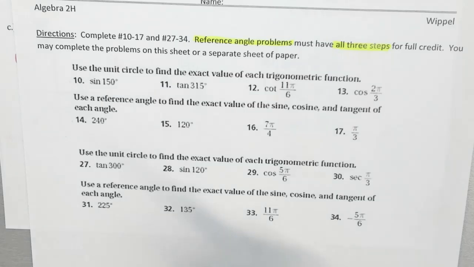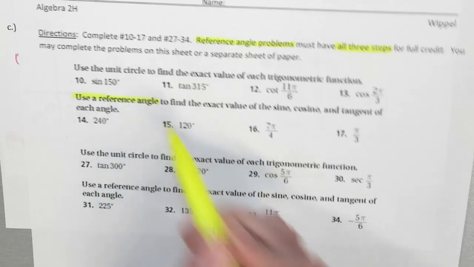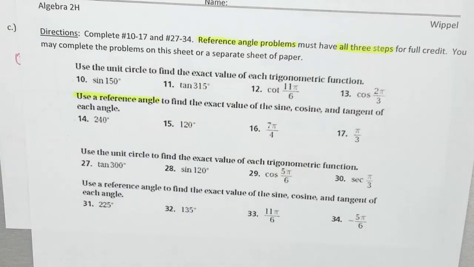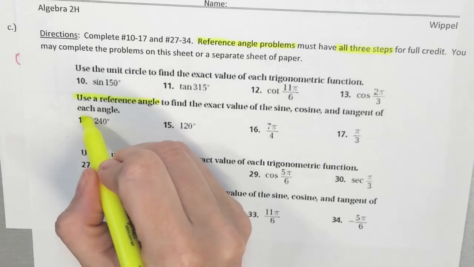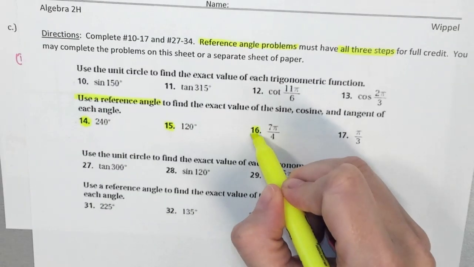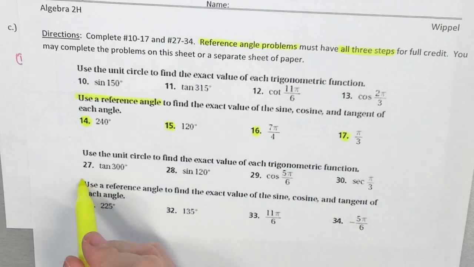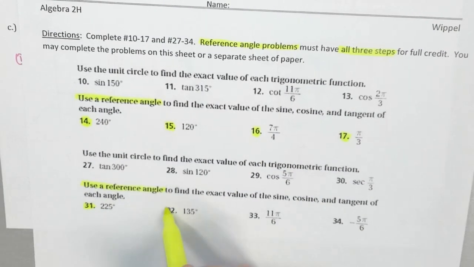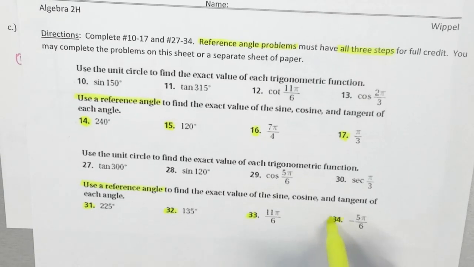So the reference angle problems are the ones that say use a reference angle to find the exact value of sine, cosine, and tangent. So that's going to be 14, 15, 16, 17. And then this one says to use a reference angle as well. Those are your 3 steps.